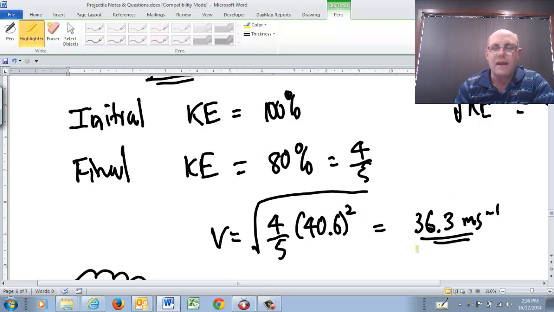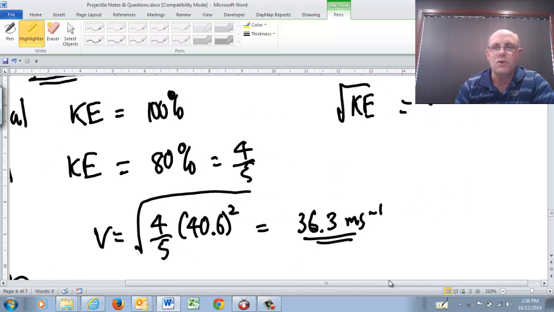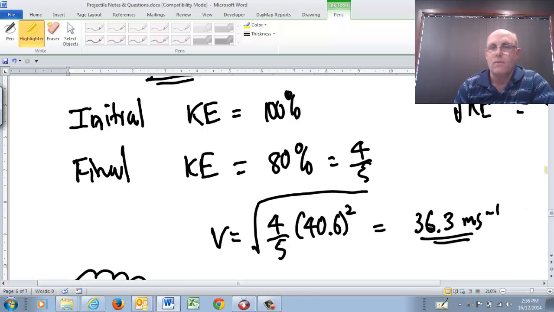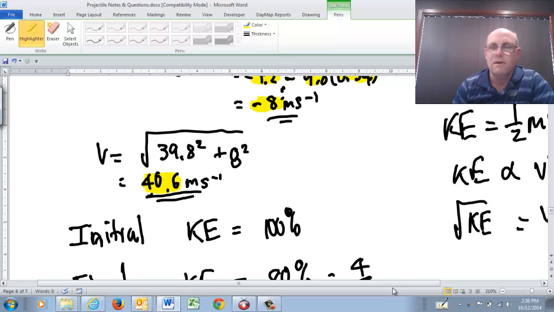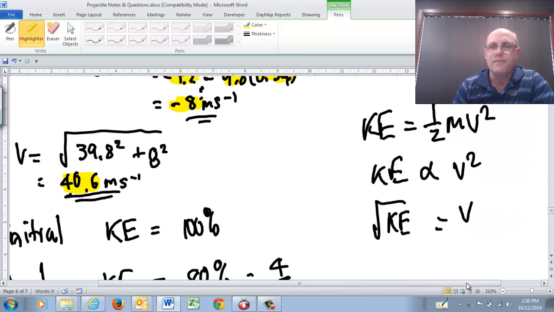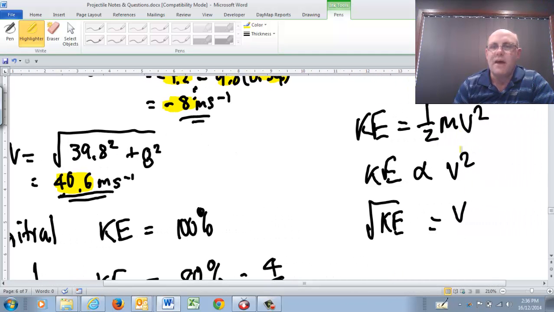So if we know the kinetic energy is equal to, have I done that calculation over here? I think I did. Right, so we just did the rearrangement. So we know KE is half mv squared, and the mass of the ball is not given to us, and that's not really all that important. We know that the velocity is equal to the square root of the kinetic energy.